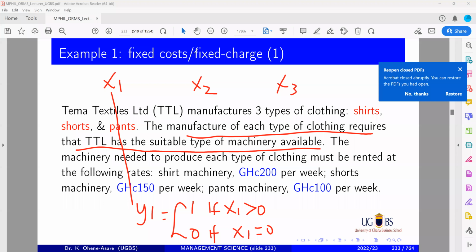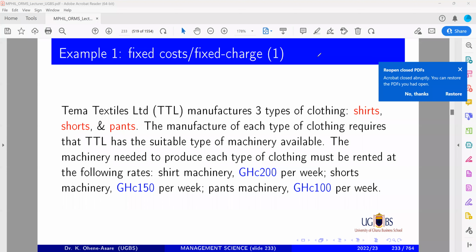If I'm not going to produce shirt, I don't need any machinery for shirt. But if I'm going to produce shirt, then I need the shirt machinery. So the Y1, which is the machinery, is a categorical binary variable. It is another thing to decide on. And the same thing goes with the others.